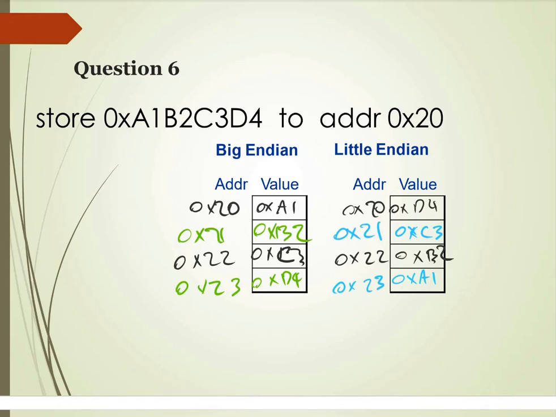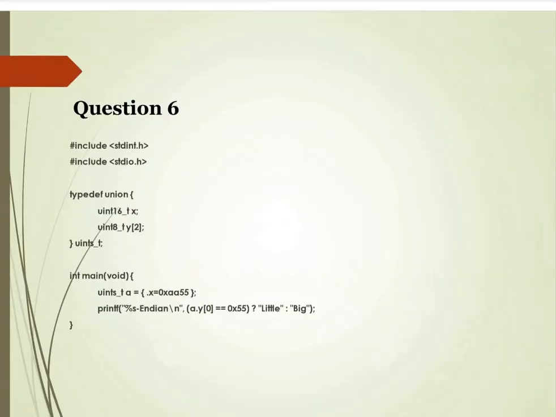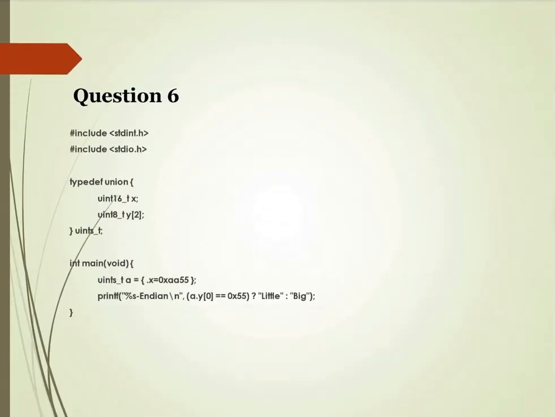Okay, now let's go back to the question and see how we can answer it. There are a couple of solutions for determining whether the processor is little endian or big endian. First, one of those is using the union structure. The union structure works in such a way that all of its members are stored in the same place, starting at the same place.